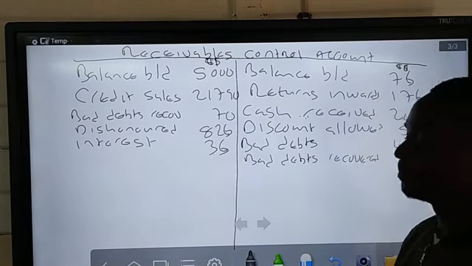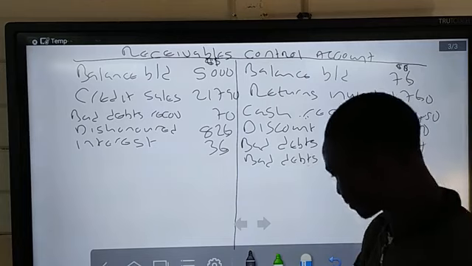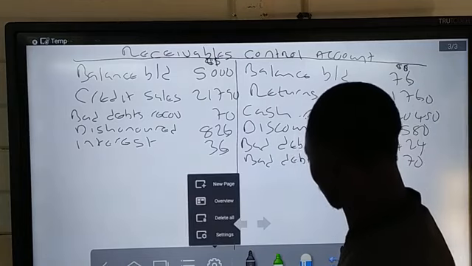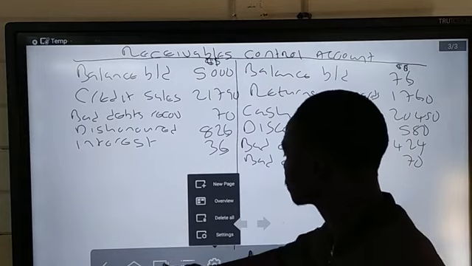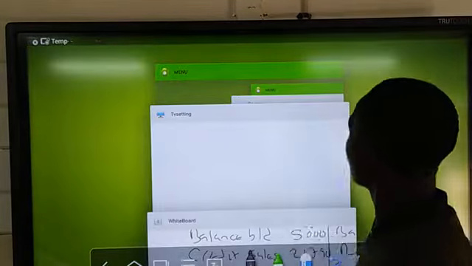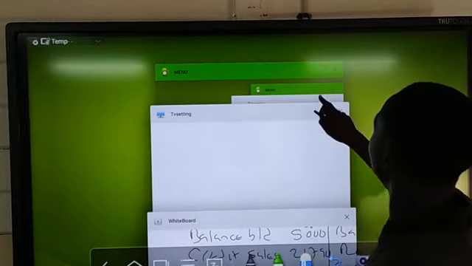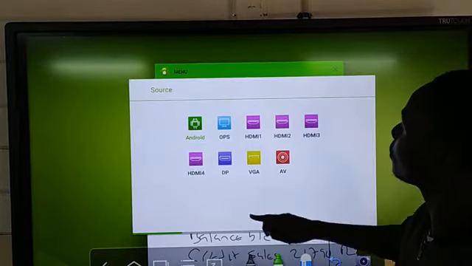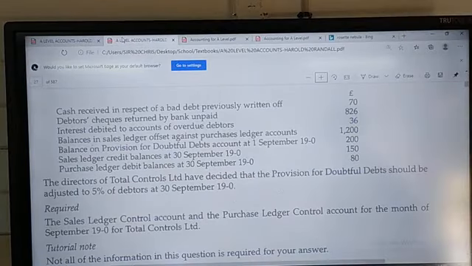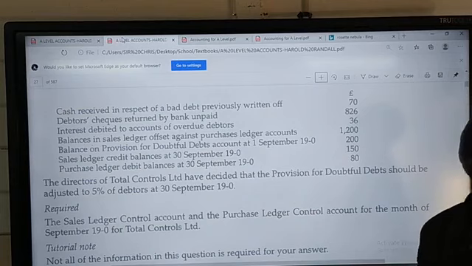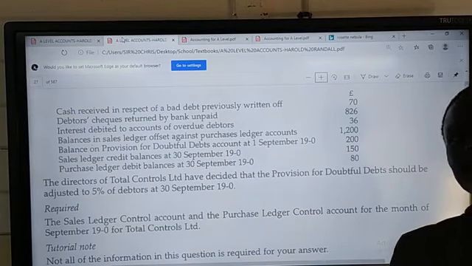Then next item. Let's go back to the question, to our source. We have balances in sales ledger offset against purchases ledger account. This is what we call a set off.